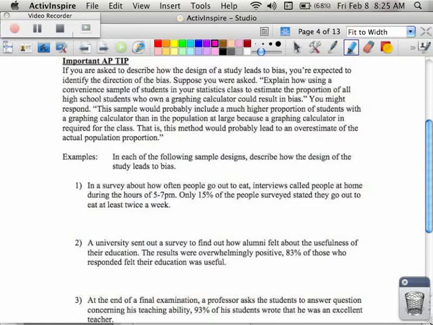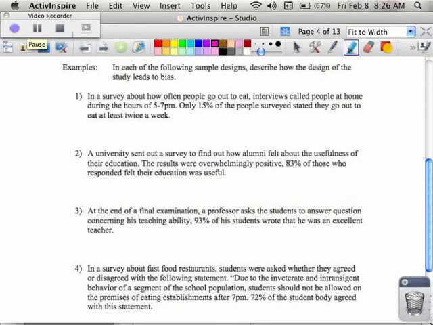You could respond, the sample would include a much higher proportion with a graphing calculator than the population because the graphing calculator is required for this class. That is, this method would lead to an overestimate of the actual population proportion that own this calculator.